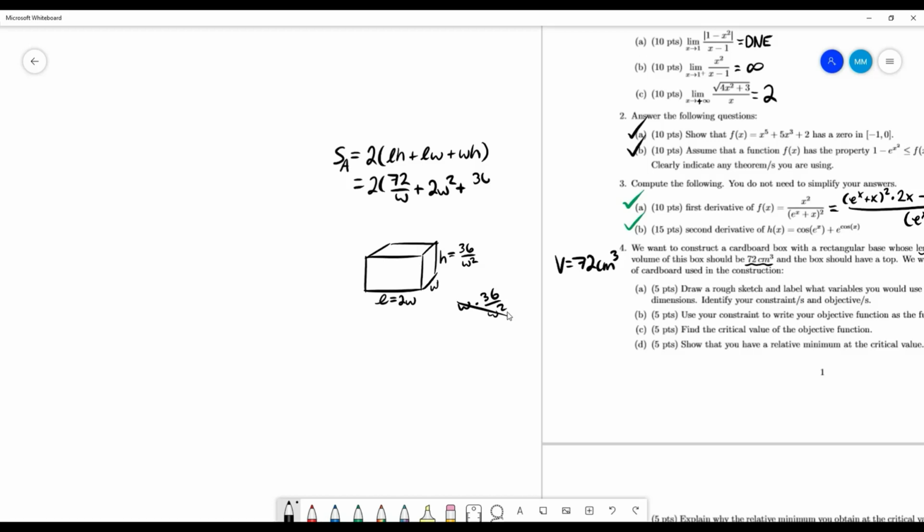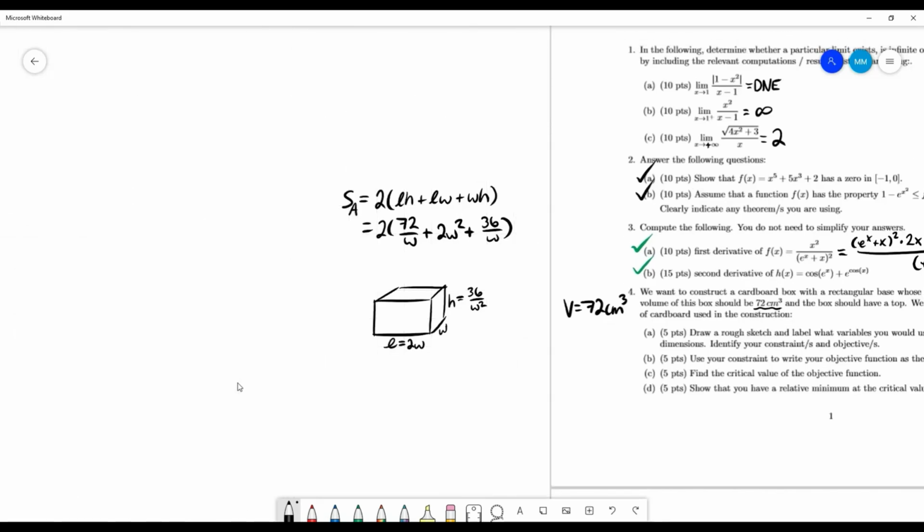So that's just going to be 36 over w. Then from here we can actually combine some of these terms, right? Because we can combine those two. So I know 72 plus 36 is 108. 108 times 2 is 216, so it's going to be 216 over w plus 2w squared.